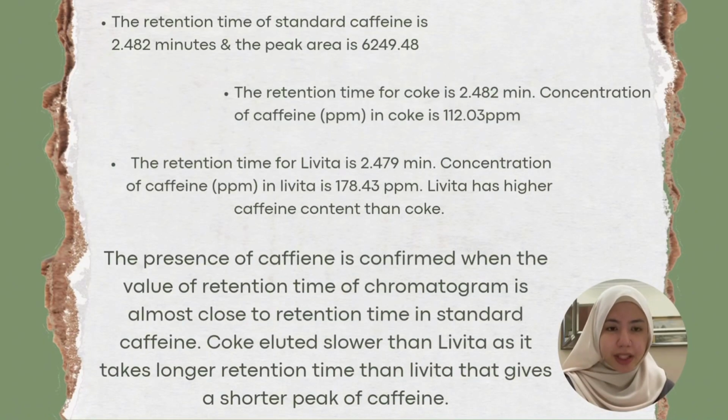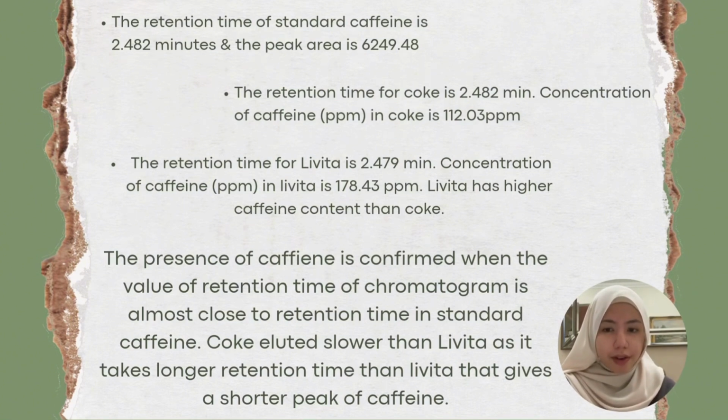There are three chromatograms discussed in this experiment, which are caffeine, Coke, and Levita. The retention time of standard caffeine is 2.482 minutes, which means it only took 2.482 minutes to travel from the injection point to the detector through the column.